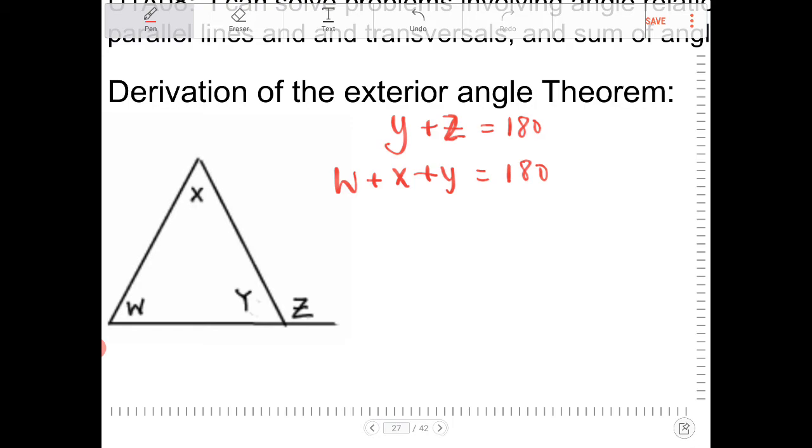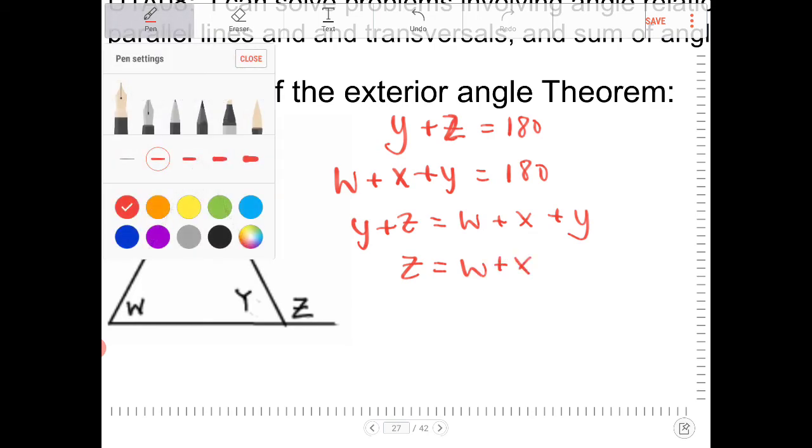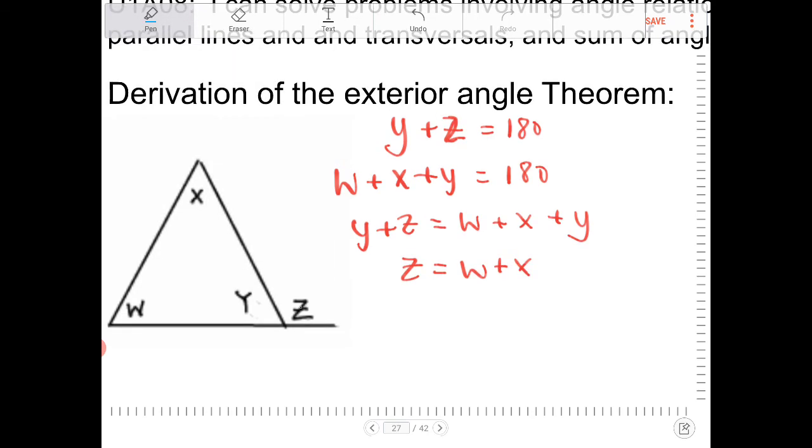So recognizing this, I immediately see that y plus z is equal to w plus x plus y. And doing just a little bit of simplification here, I subtract both sides by y, and I end up with z is equal to w plus x. Or in other words, this angle over here, which is outside of the triangle, is an exterior angle.